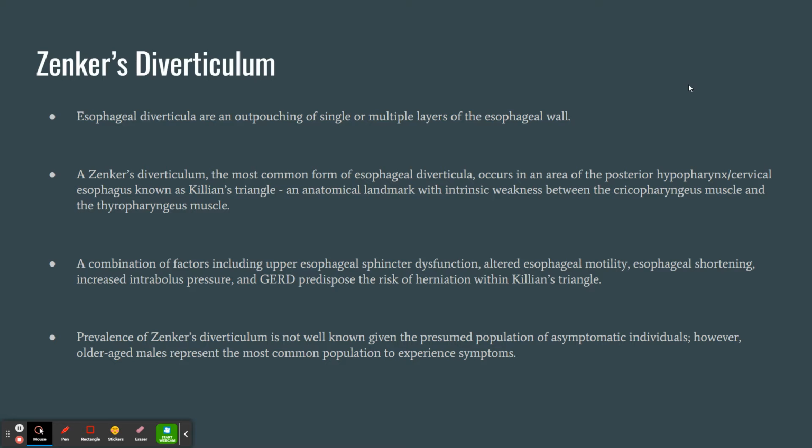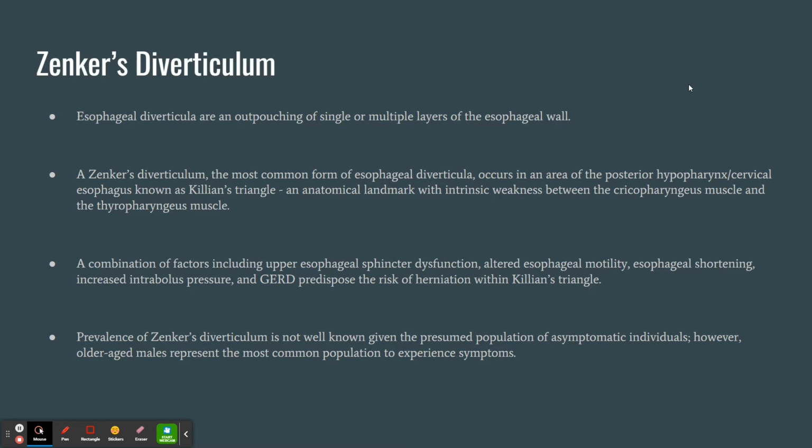A combination of factors, including upper esophageal sphincter dysfunction, altered esophageal motility, esophageal shortening, increased intrabolus pressure, and GERD, predispose to the risk of herniation within Killian's triangle.